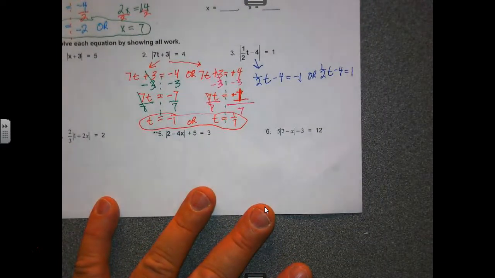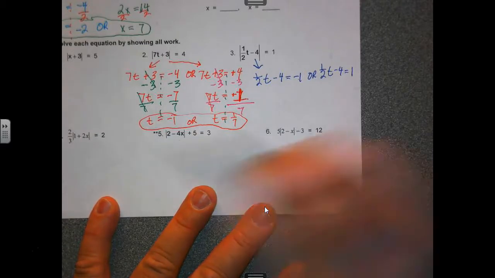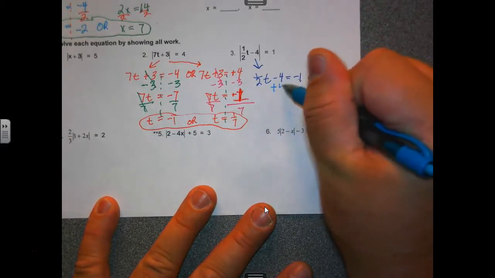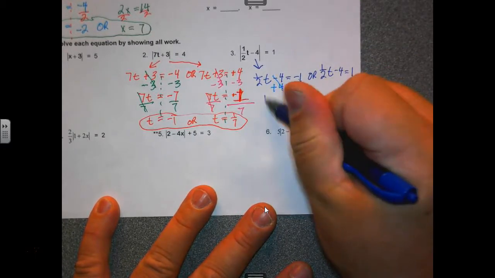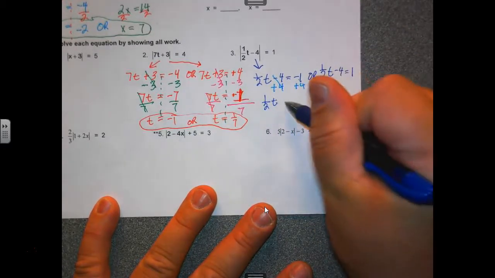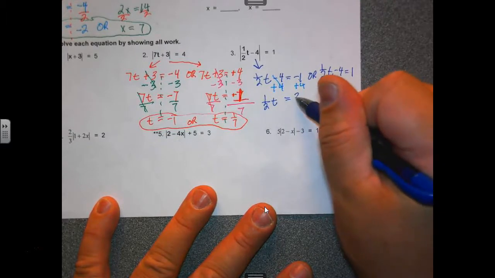Okay, solve each one. Add 4. I get 1/2 t equals positive 3.